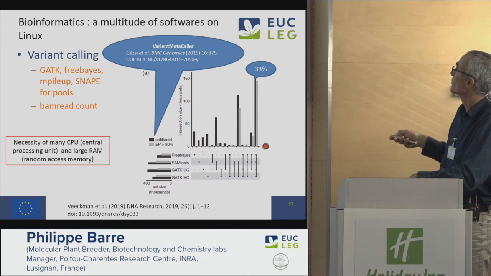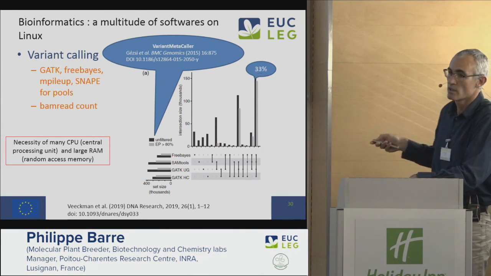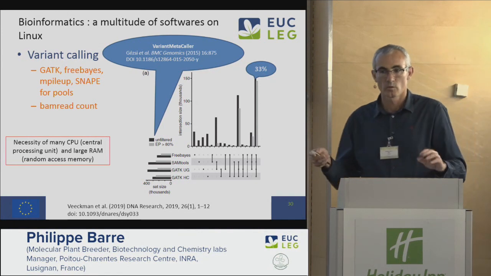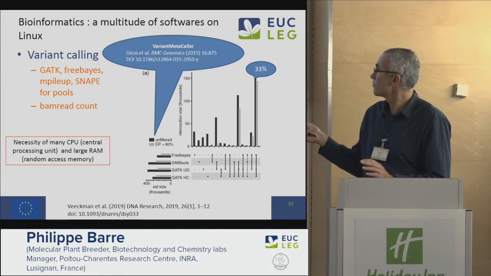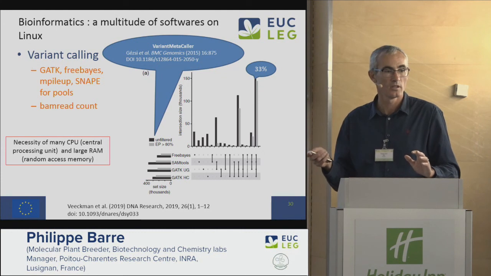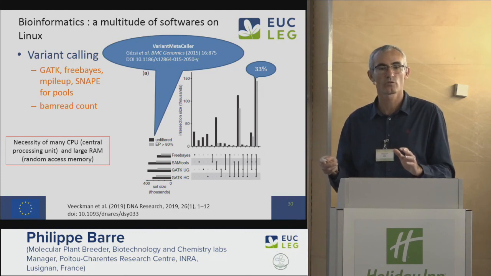This one is when you have the same SNP in all the variant callers, and in black here, it's about 33%. So when you compare these four variant callers, you have 33% of the SNPs that are in common.